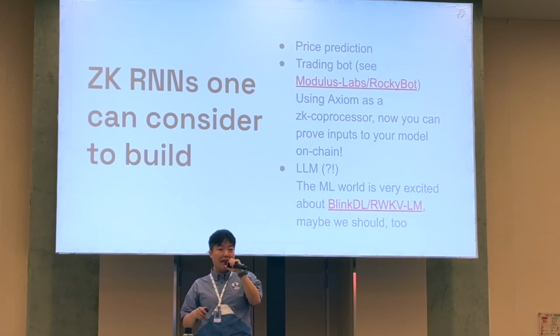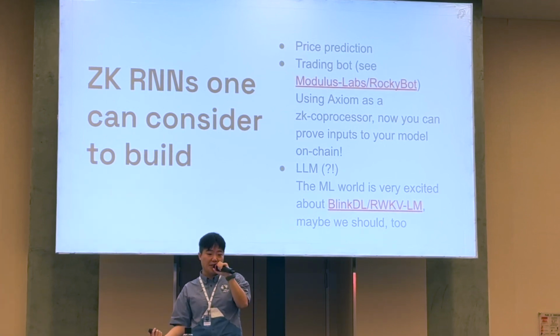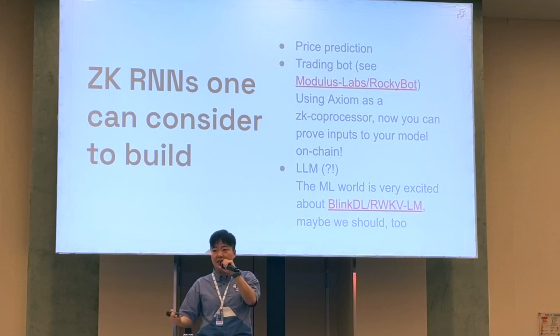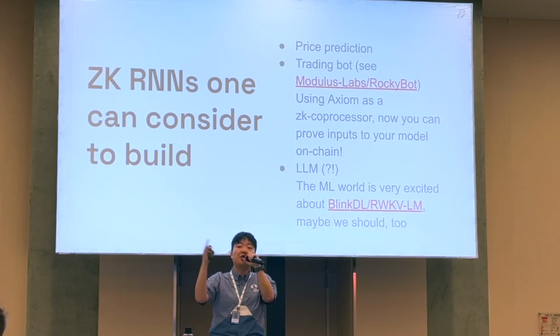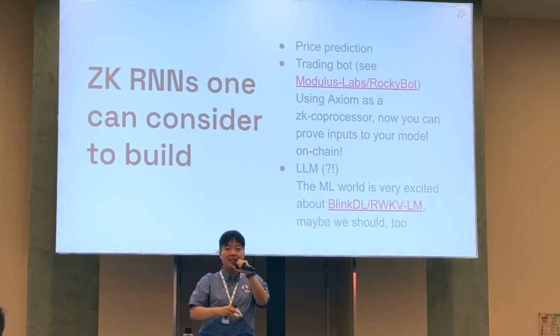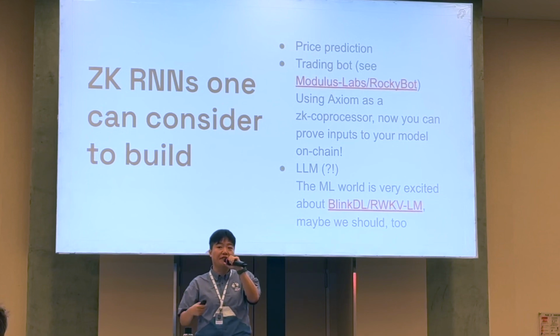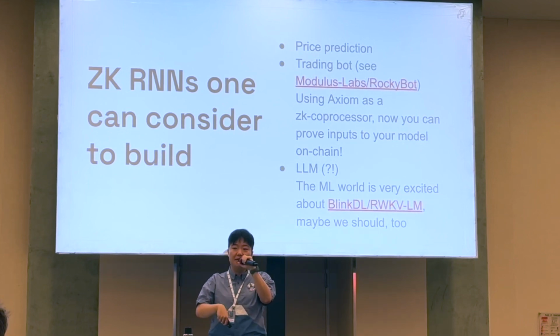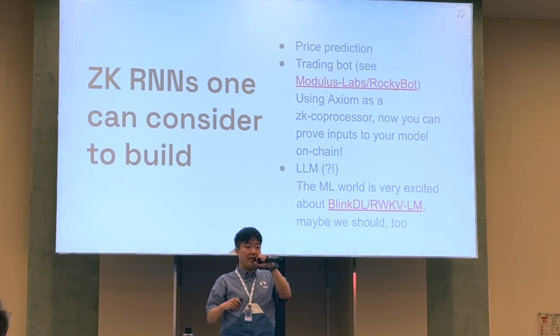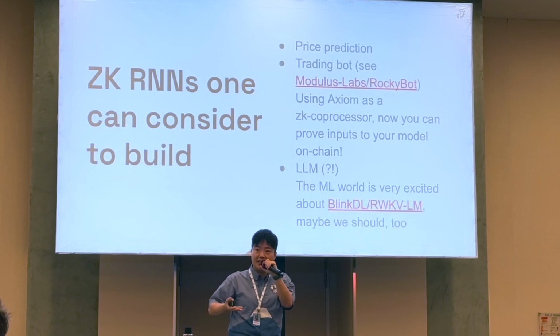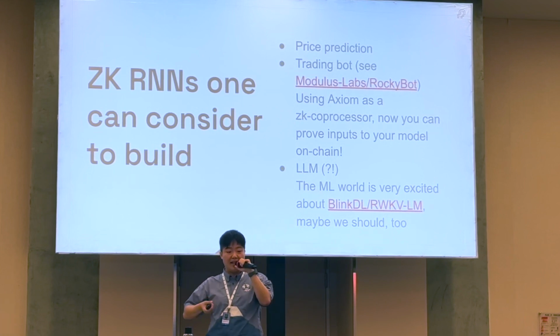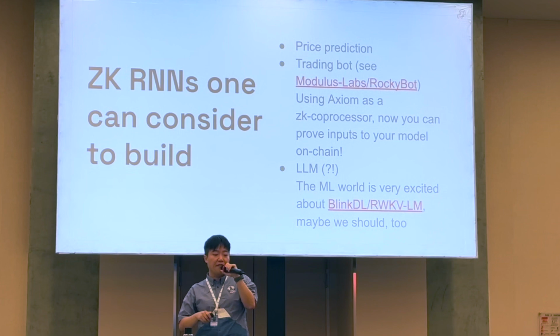Especially since there's the CPU coprocessor where you can access historical block data on chain right now. That means that you can essentially also prove the data that goes into your machine learning model. Previously you might have to trust the data source. But nowadays there's the coprocessor so that you can access prices on chain and then use it to prove that these are the data that goes into your machine learning model or your recurrent neural network.